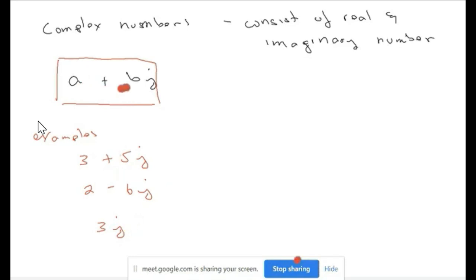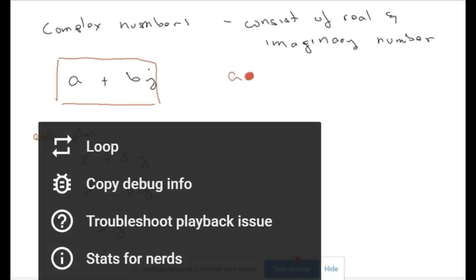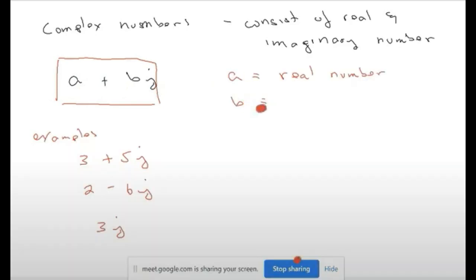Here, if you have this form, a plus bj, or sometimes they write it as jb, bj is your imaginary number. bj or jb, it doesn't matter.